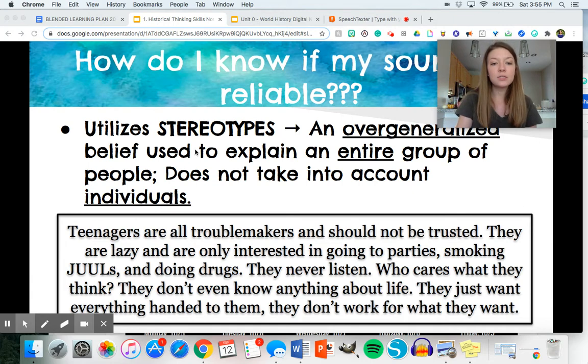So this is a stereotype because it's grouping an entire group of people together and saying that all of them are troublemakers, where you guys know that's not the case, right? Some of you, most of you, I would argue, value an education. You're not interested in going to parties. You listen, you care about what other people think, and you work really hard. So that is the danger of a stereotype.